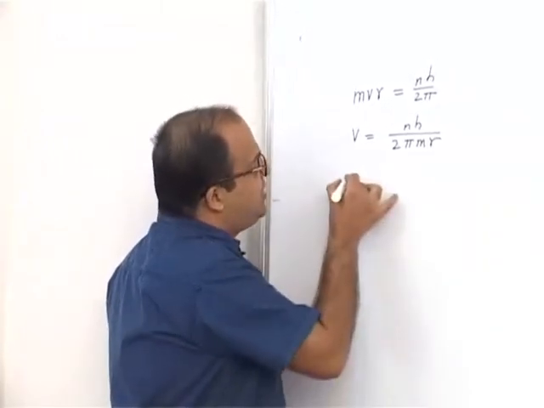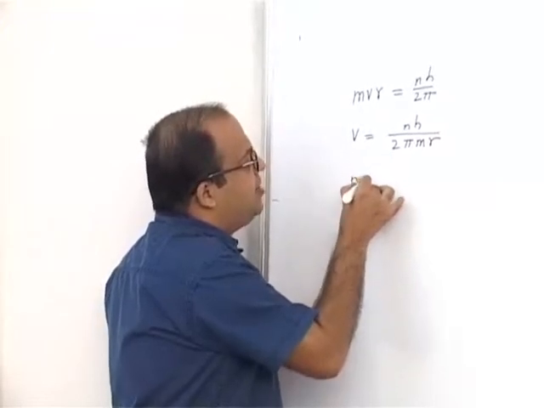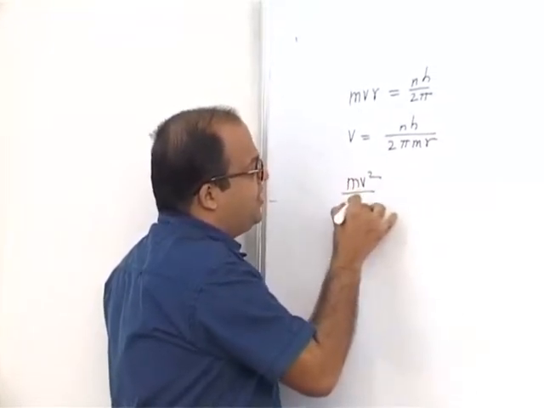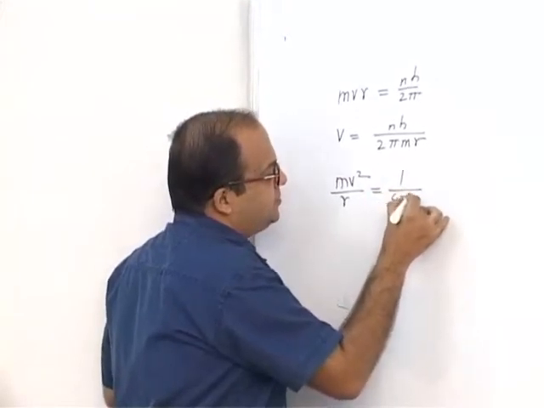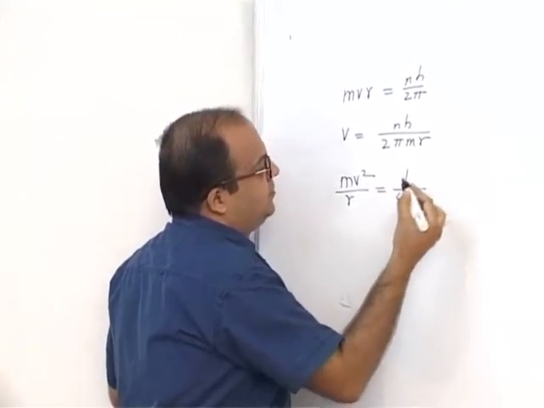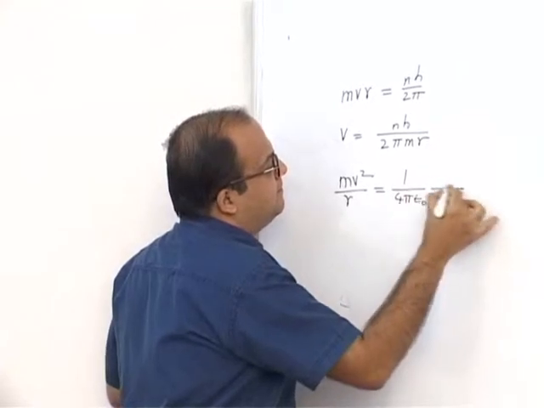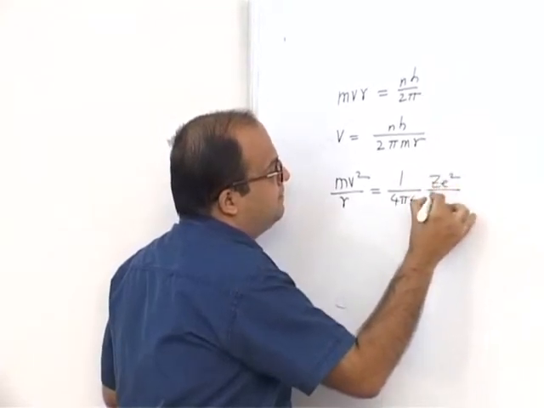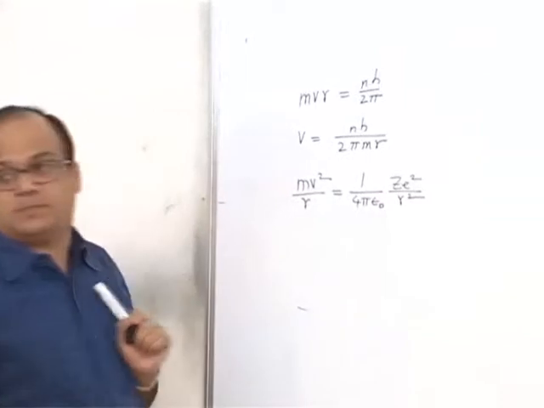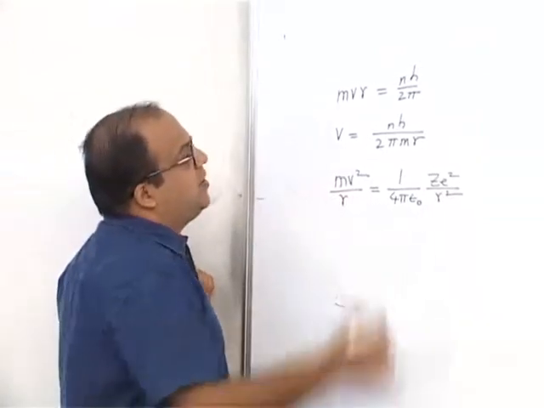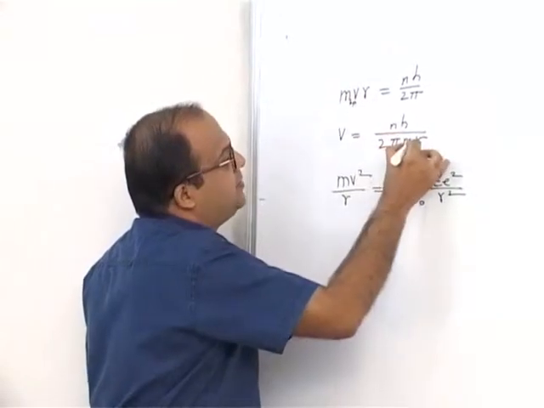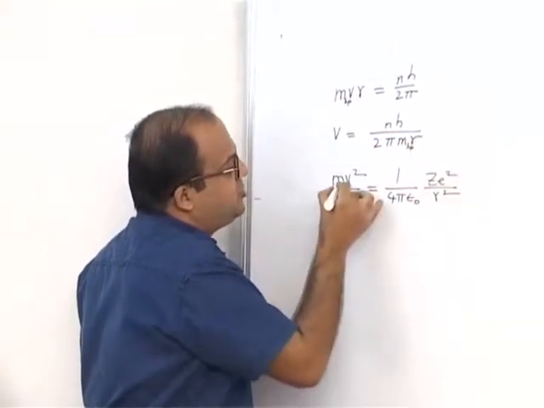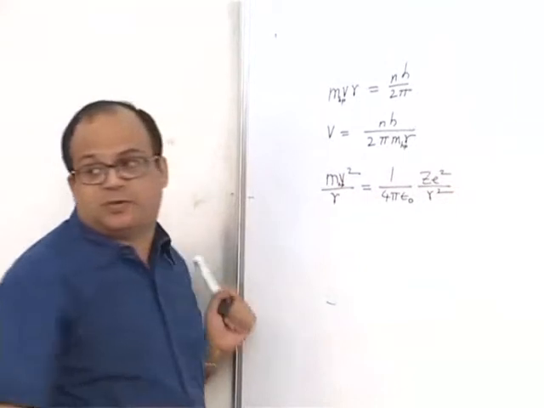The second equation is the centripetal force is provided by the electrostatic force of attraction. All these masses are mass of the hypothetical particle, so let's write HP as a subscript.